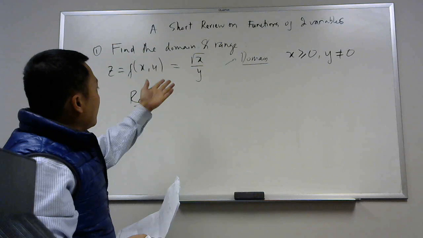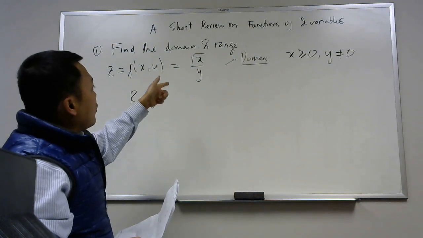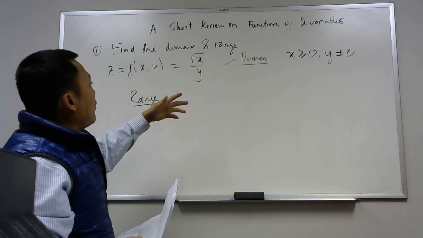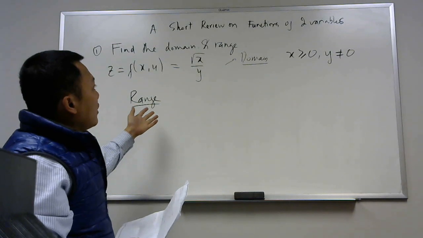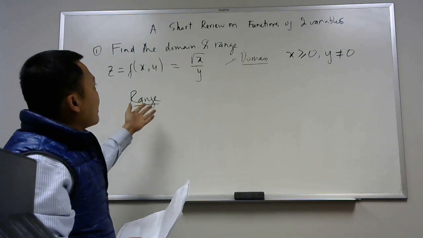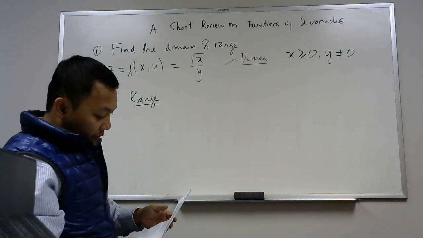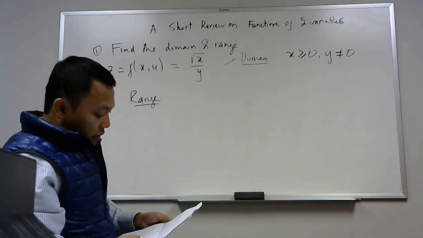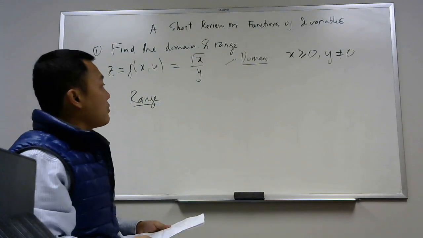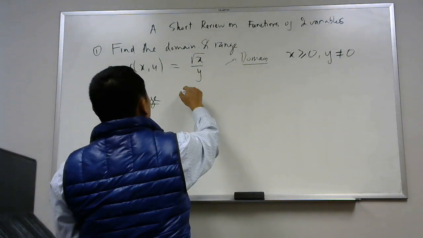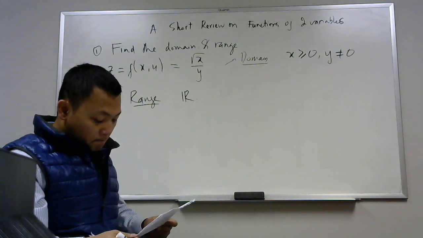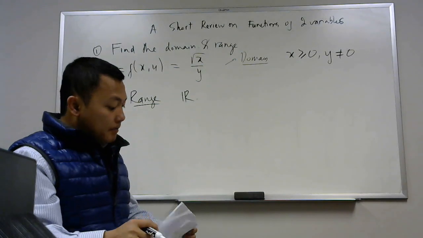Let's look at the definition, square root of x over y. So z could be 0, z could be negative, z could be positive. So the answer should be all real numbers. Make sense? All right, next.